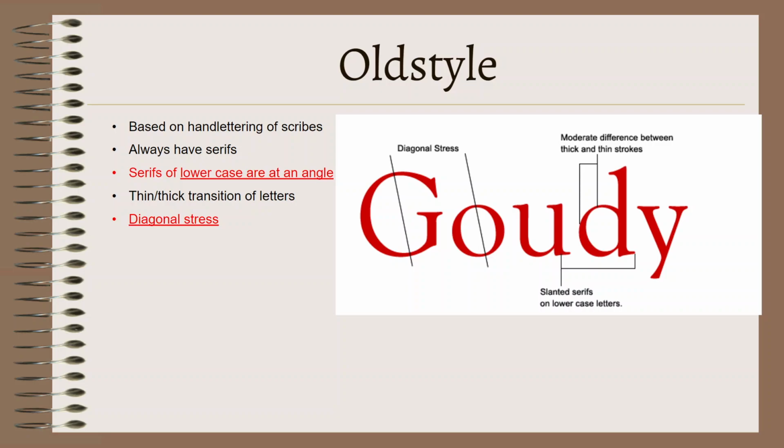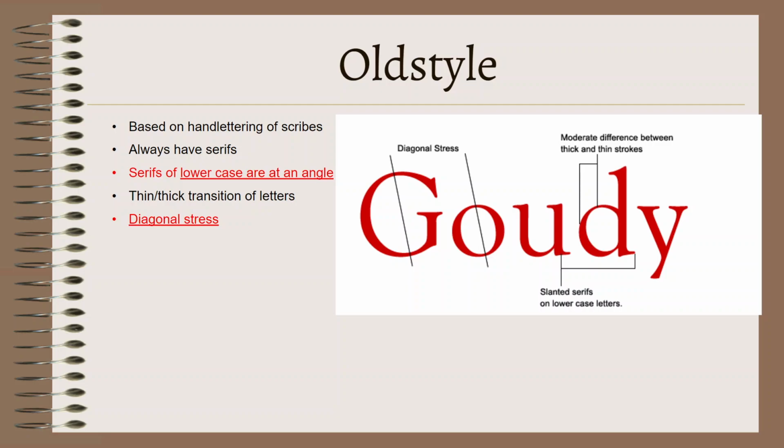Now we come into old style. Now we're starting to get really confusing because old style is also somewhat like a slab serif. So it's going to have some thick to thin transition. Probably isn't going to be super radical, but you're going to have a thick to thin because that's going to help you identify that the stress in the letters is going at an angle.